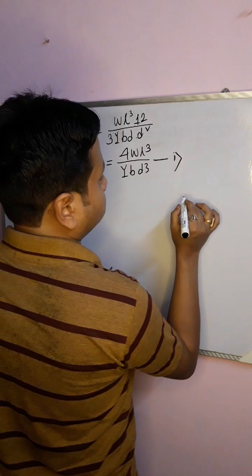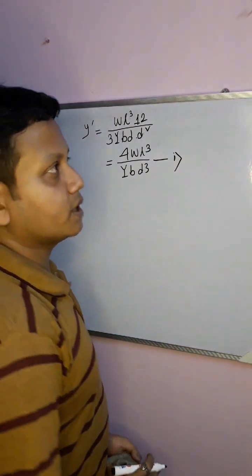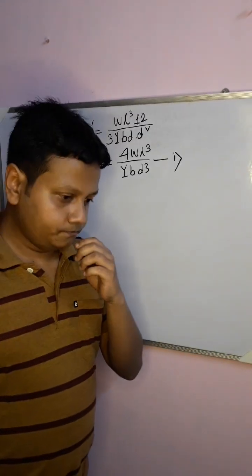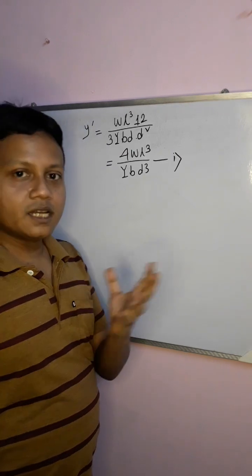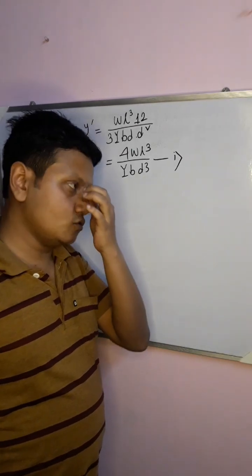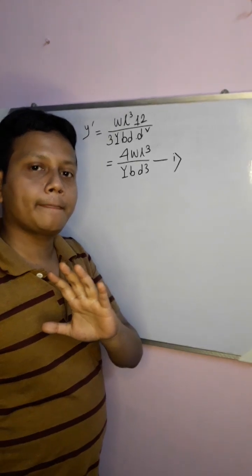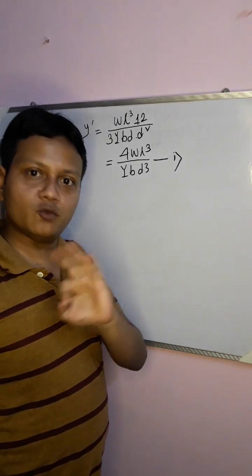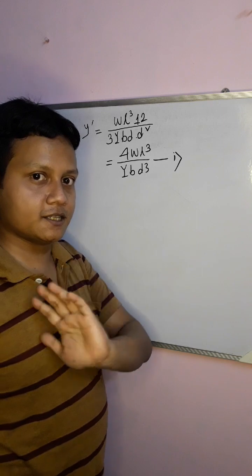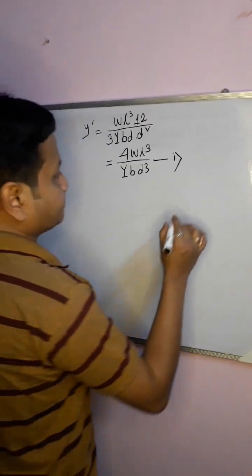Now one thing remember, that there is a load attached at the free end, and consequently each and every point in the beam will experience a shearing stress, no doubt.